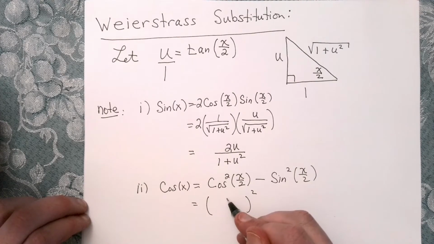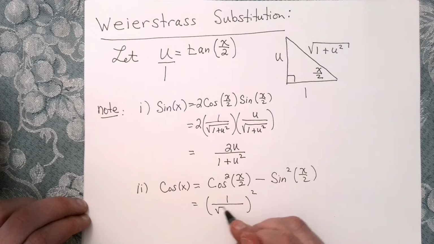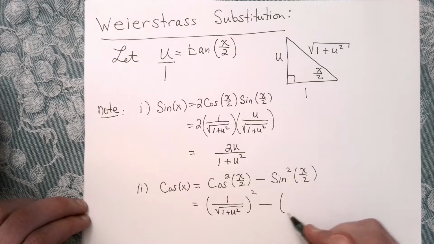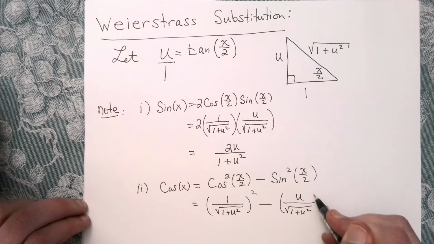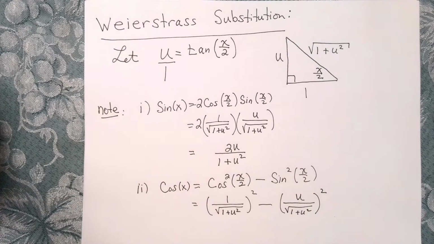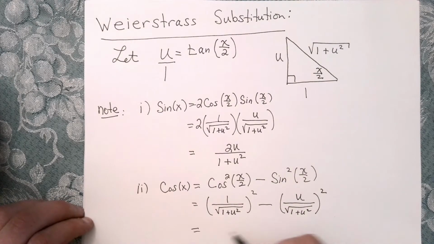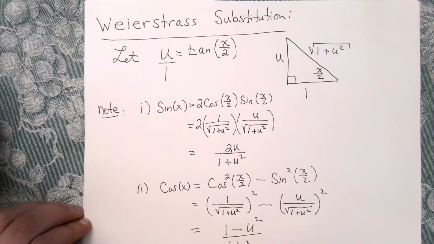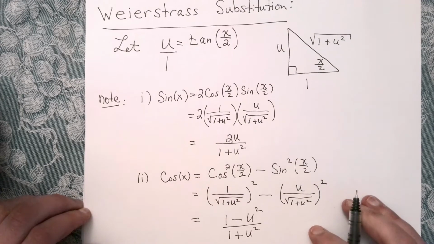Okay, so we're going to take the cosine, adjacent over hypotenuse, and then square it, minus the sine, which is opposite over hypotenuse, squared, and we get the following. So this looks like 1 minus u squared over that nice common denominator of 1 plus u squared.